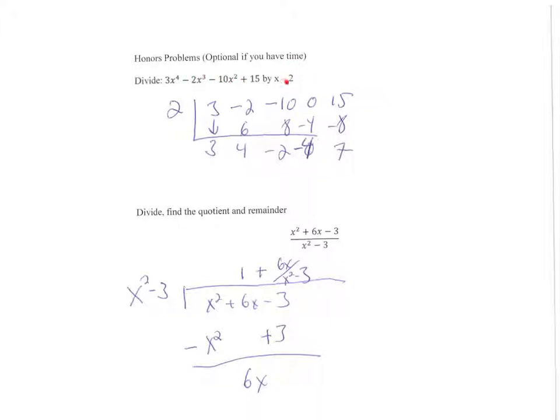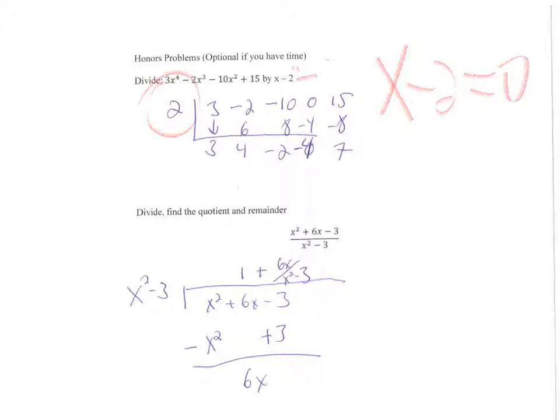I remember x minus 2 equals 0 is what we look for. So when you're doing synthetic division, x minus 2 equals 0, so I'm going to write x equals 2 there. And then you just run through the synthetic division.